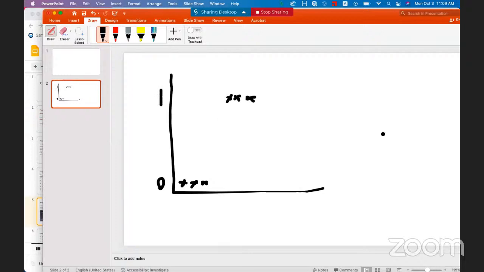Because logistic regression, like linear regression, gives you a formula, and then you get a number.